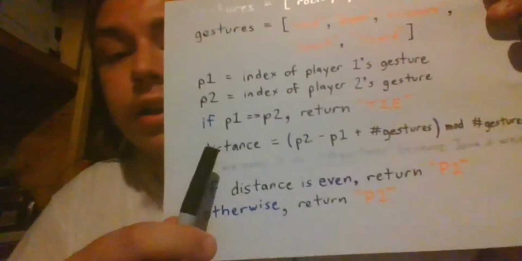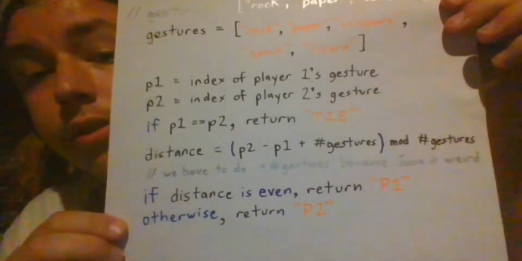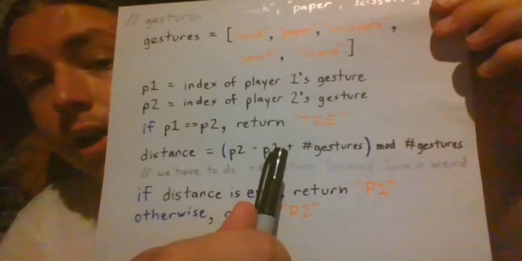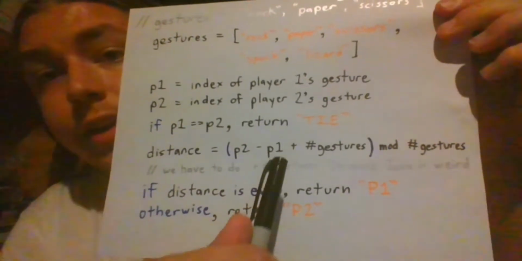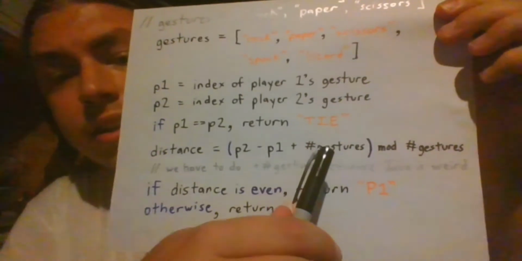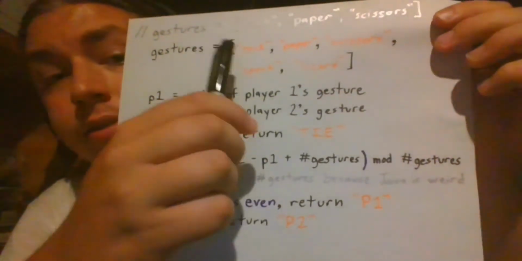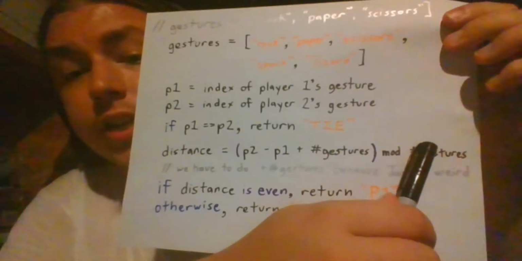And this is going to be a very simple calculation with a modulus operator. So P2 minus P1, that's like counting forward from P1 to P2 and getting that number. That's what that means. Plus gestures, plus the number of gestures in the list, modulo the number of gestures.